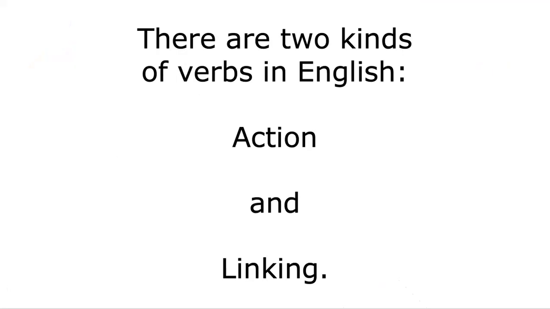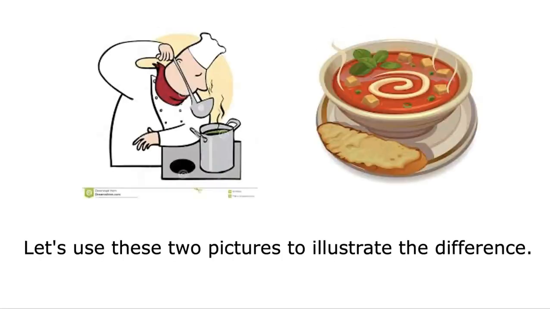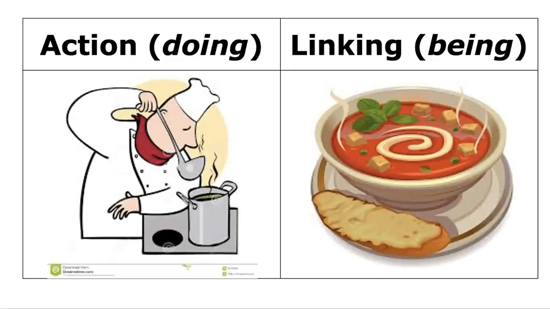There are two kinds of verbs in English, action and linking. Let's use these two pictures to illustrate the difference. On one side you have a person, a chef, and on the other side you have a bowl of soup. Action verbs, think about them as doing.